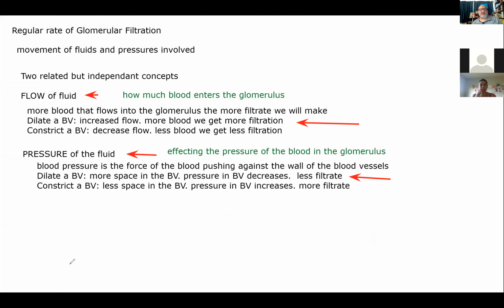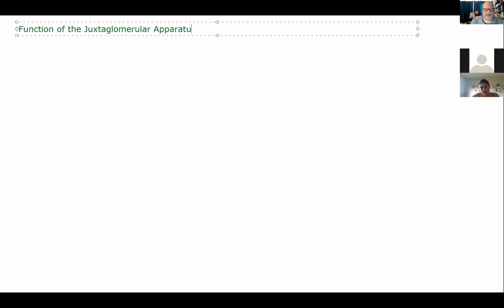So we can come back here. Let's go ahead and erase this and remind ourselves of what's happening in that juxtaglomerular apparatus. We talked about this in the last class, but again, we talked about a lot of stuff in the last class, and it's always important to go over things again.